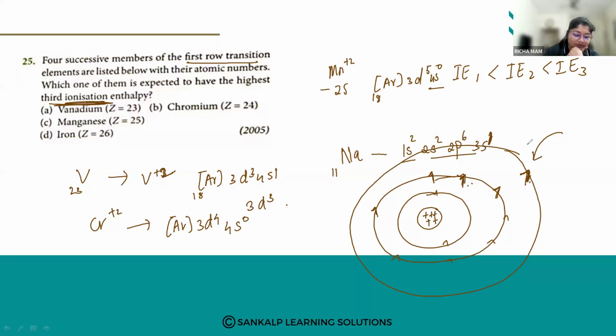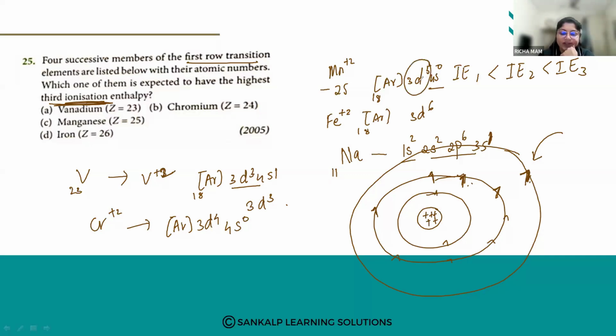Last one, iron, Fe plus 2, argon 18 and 3d6. Now here 3d3. So now when we see the ionization enthalpy, the ionization enthalpy in case of Mn is how many?